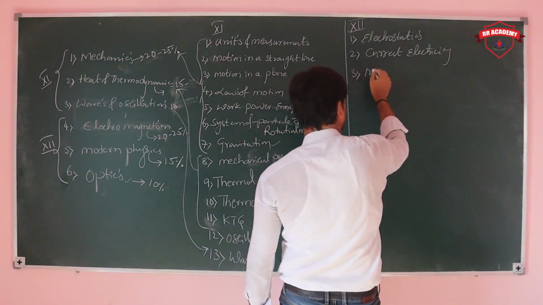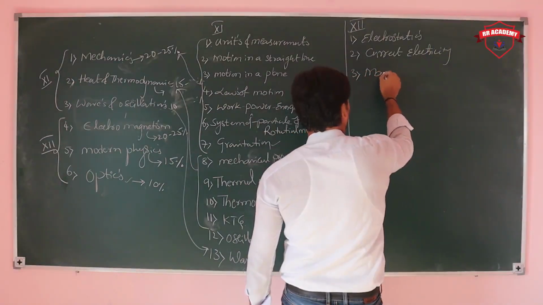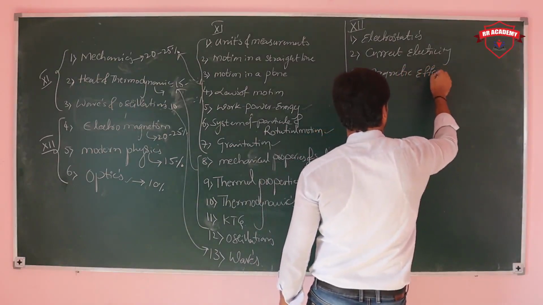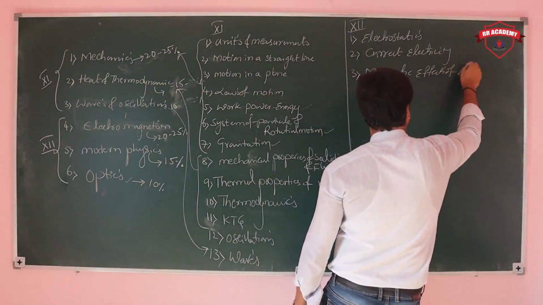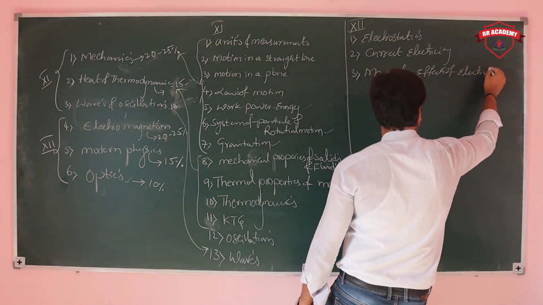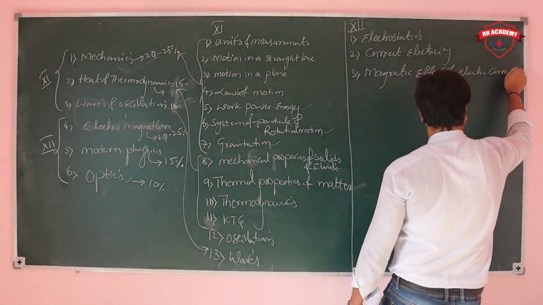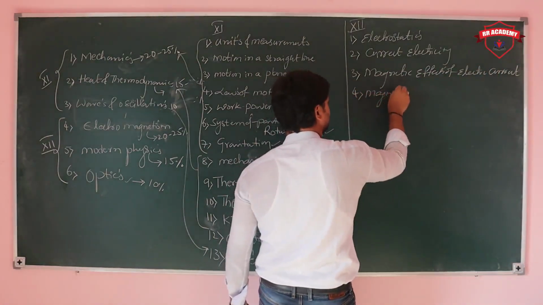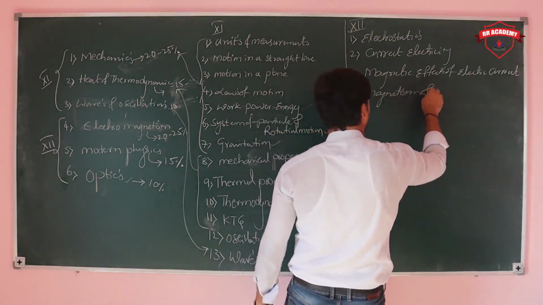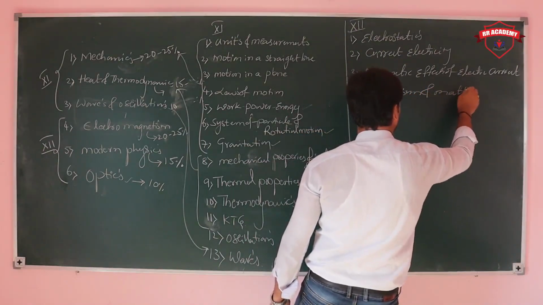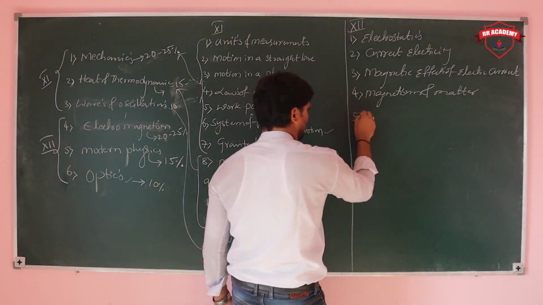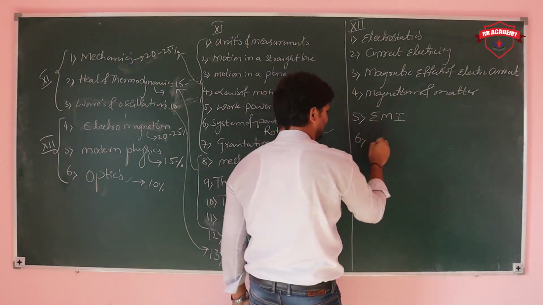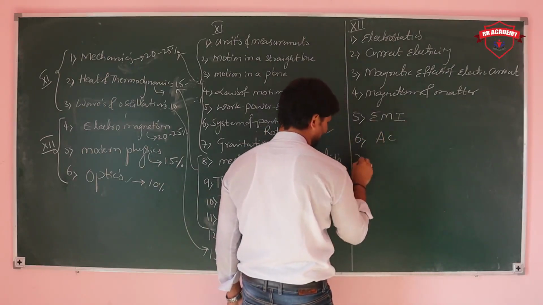Next, magnetic effects of electric current. Next, magnetism and matter. Next, EMI, electromagnetic induction. And then AC, alternating current.